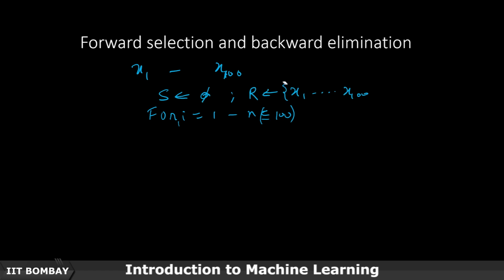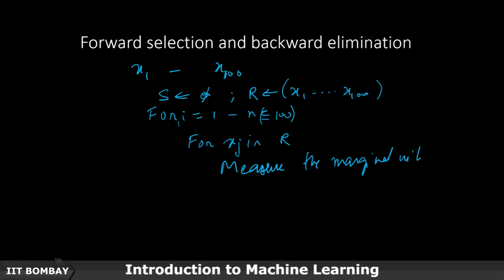So this one has all of these. Sorry, it's a set. So what we are going to say is that for each xj in the reserve subset R, measure the marginal utility of xj being included in the machine learning model.